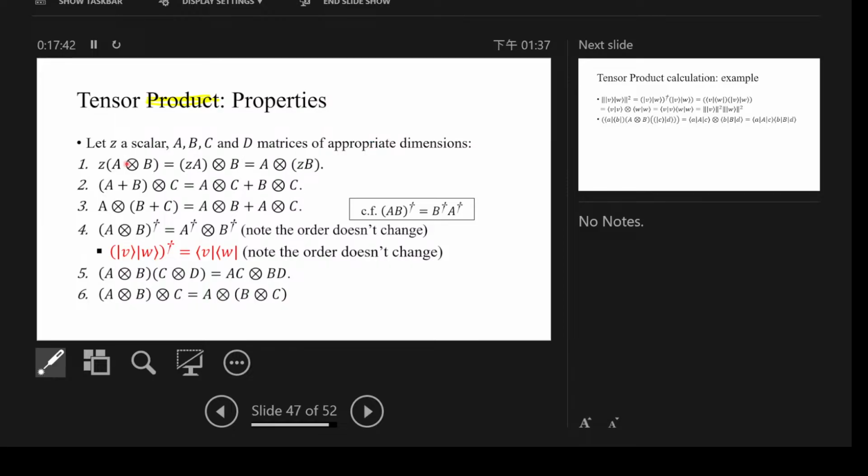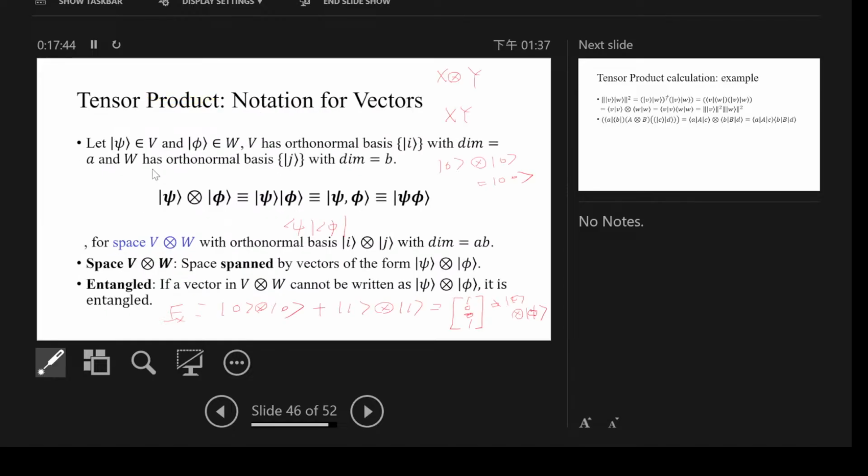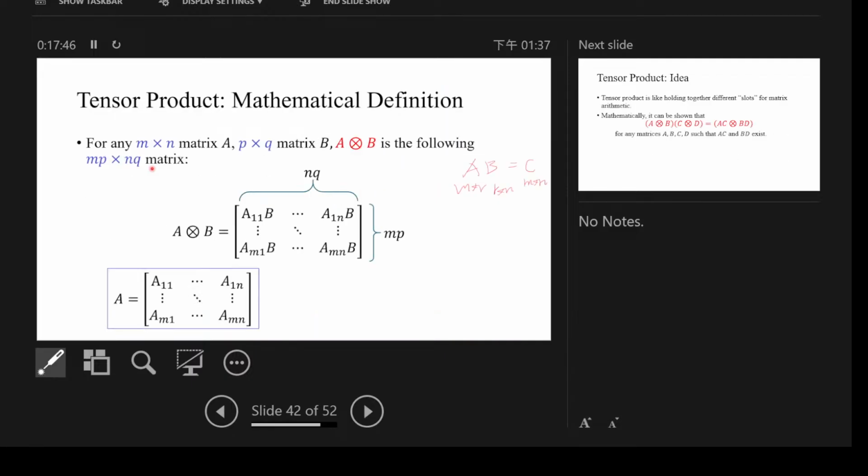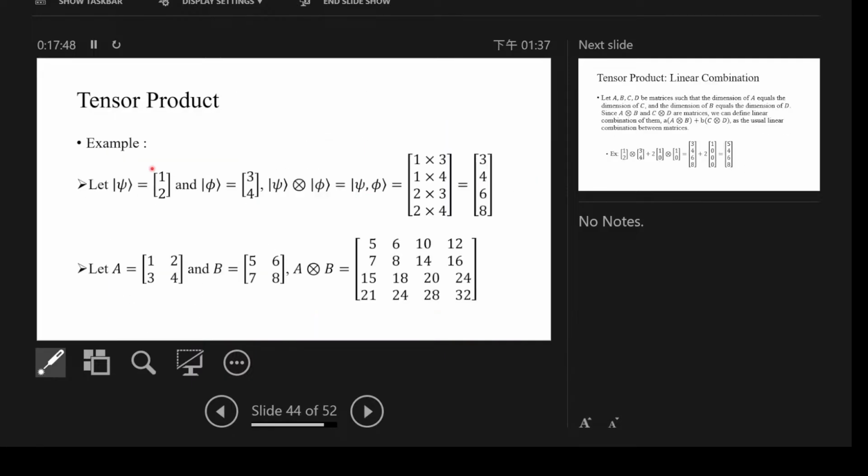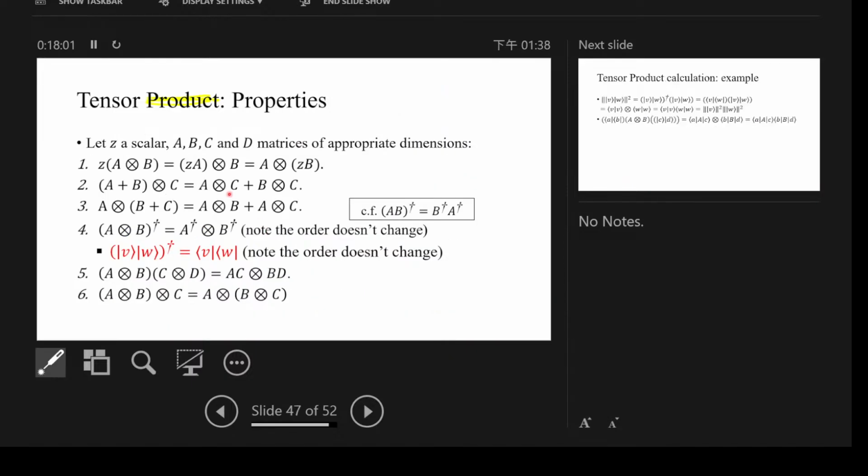And basically it's easy to see. If you go to the element-wise definition, then you see that when you multiply this by a scalar, you just multiply everything by the same number z, and it's the same whether you multiply this one with the number z, or you multiply this one with the number z. Okay, so that is scalar multiplication, and the tensor product also satisfies the distributive rule.